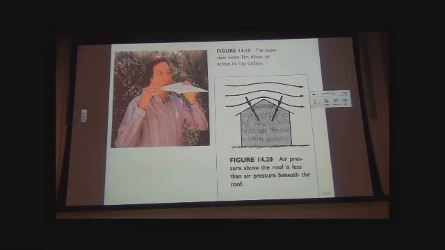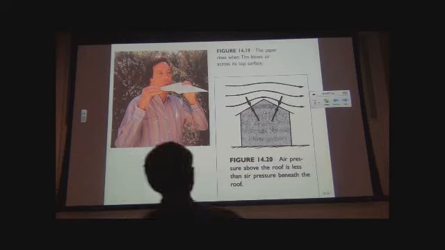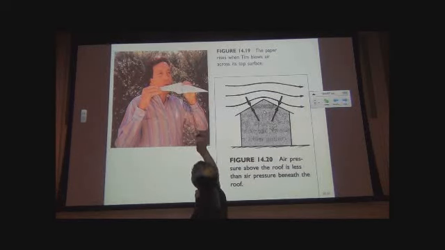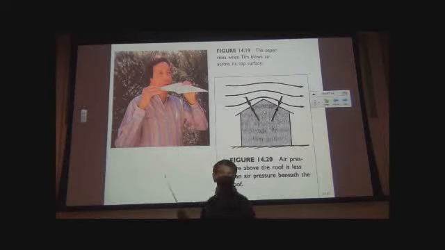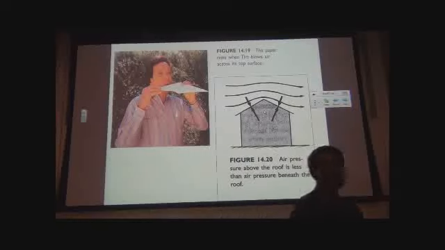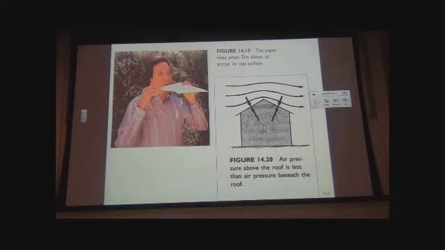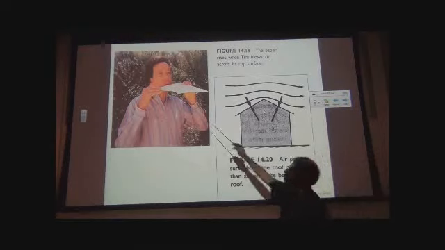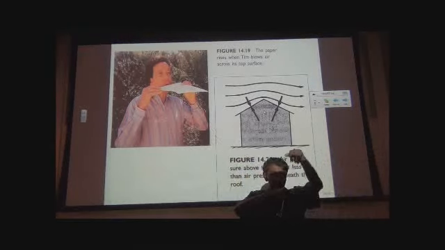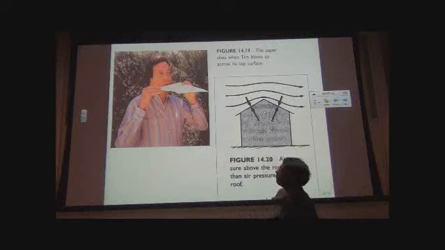However, if I'm blowing parallel to the top and not blowing down on it, then what happens is, right, so here he's blowing parallel to the top. The flow of air up here creates a lower pressure zone, and so the air pressure below causes it to go up, and that in part contributes to the flapping that you talked about, right? But when you actually do this experiment, sometimes it works, sometimes it doesn't work, because it's hard to blow exactly over the top parallel without blowing down on it and stuff like that, right?